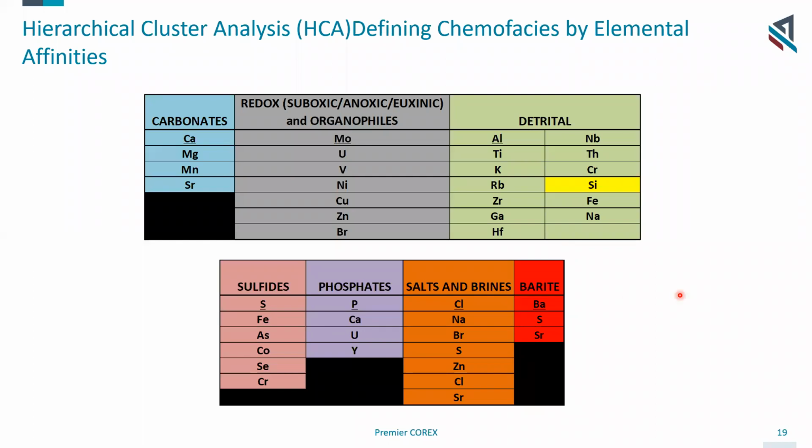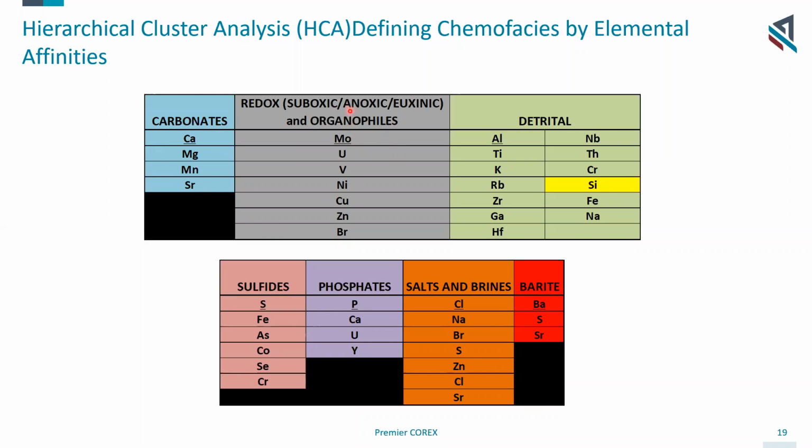Moving on from that, we also have the possibility of hierarchical cluster analysis, in which particular minerals are defined into chemofacies by their particular elemental affinities. So unsurprisingly, calcium, magnesium, manganese, and strontium are associated with carbonates.